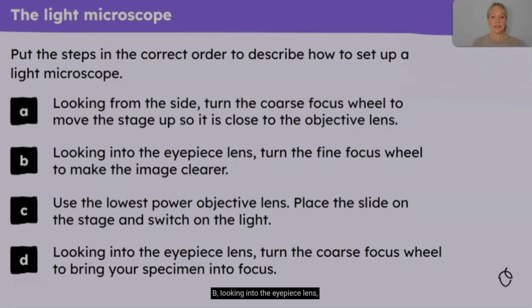B. Looking into the eyepiece lens, turn the fine focus wheel to make the image clearer. C. Use the lowest power objective lens, place the slide on the stage and switch on the light. D. Looking into the eyepiece lens, turn the coarse focus wheel to bring your specimen into focus. I'll give you a moment to think about it, but if you need more time, please pause the video.